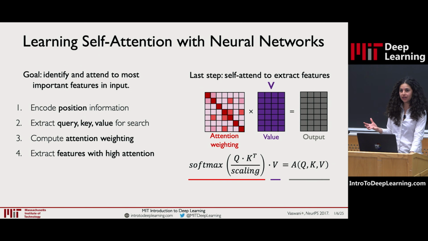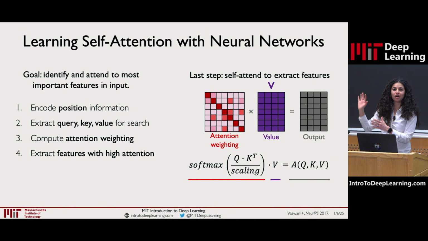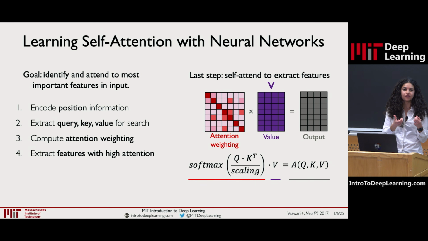The final step is to now use that relative weighting to actually pull out those important features that we care about. What we do here is we take our value matrix, multiply it by our attention weight, and this gives us an output of a feature set over that input space that reflects the relative elements of the sequence that are interrelated relative to each other.